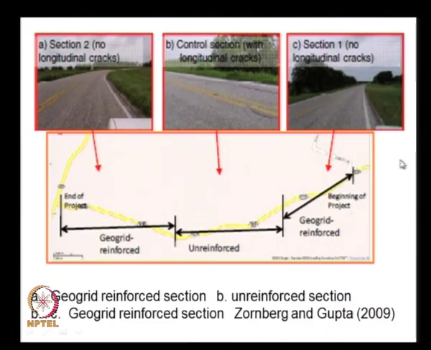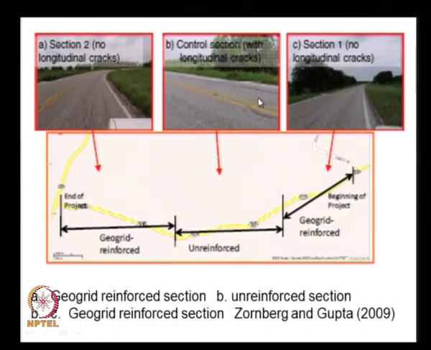They have divided the stretch of road into 3 sections: section 1 with one type of reinforcement, section 2 with another type of reinforcement, and a middle section without any reinforcement. Wherever they have provided the reinforcement, they did not find any longitudinal cracks, and where there was no reinforcement, they have seen the cracks.